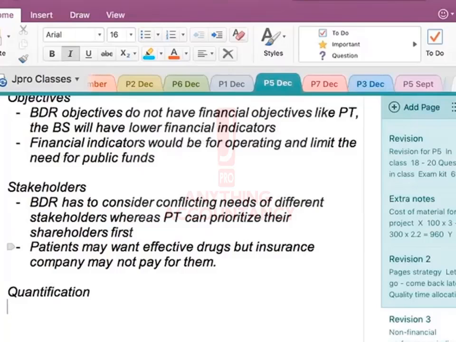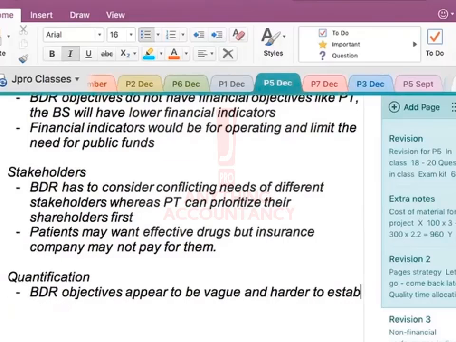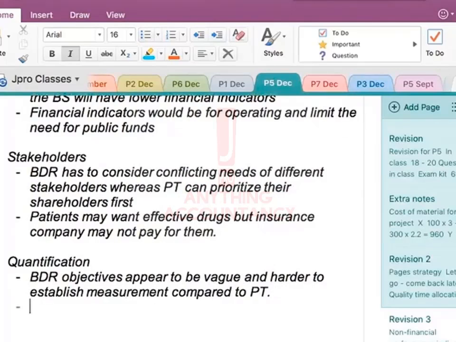Next one is quantification. Easy to quantify or not? What are the areas they have?